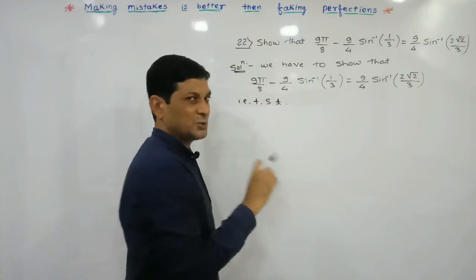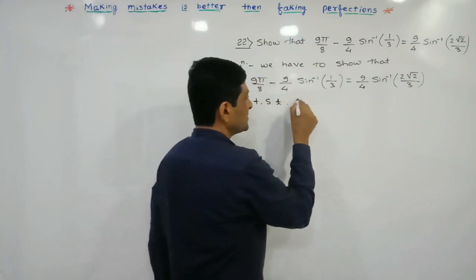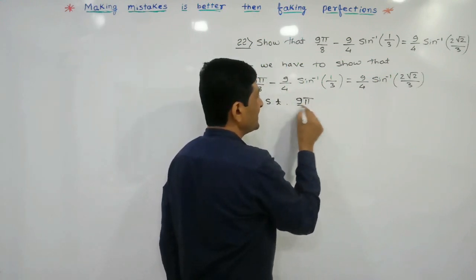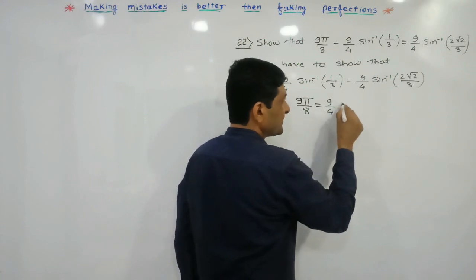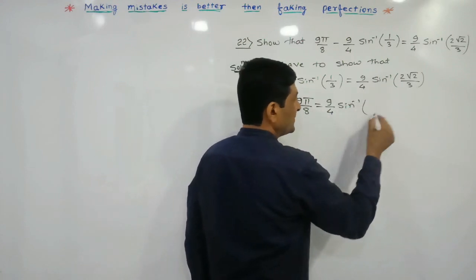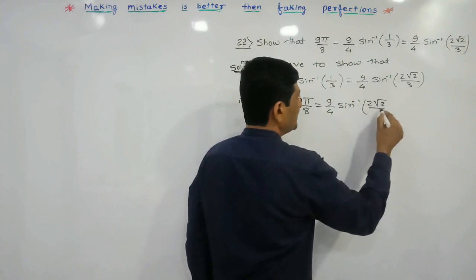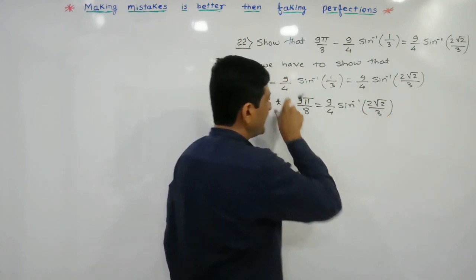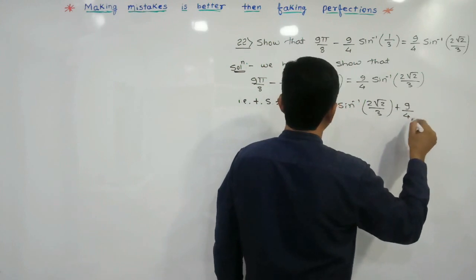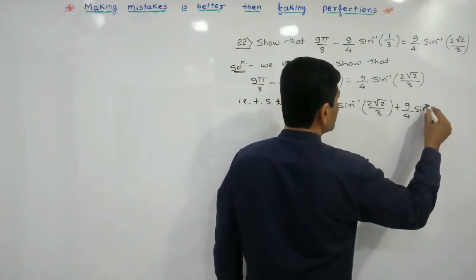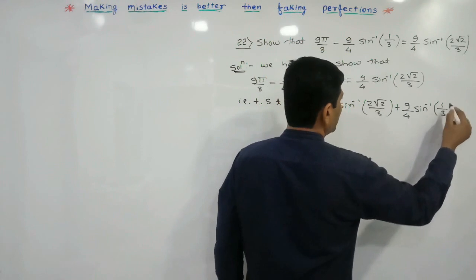That is, to show that: keep the 9 pi by 8 as it is. On the right hand side, 9 by 4 sine inverse of 2 root 2 upon 3 is also kept as it is. The minus term on this side becomes plus, plus 9 by 4 sine inverse of 1 by 3.